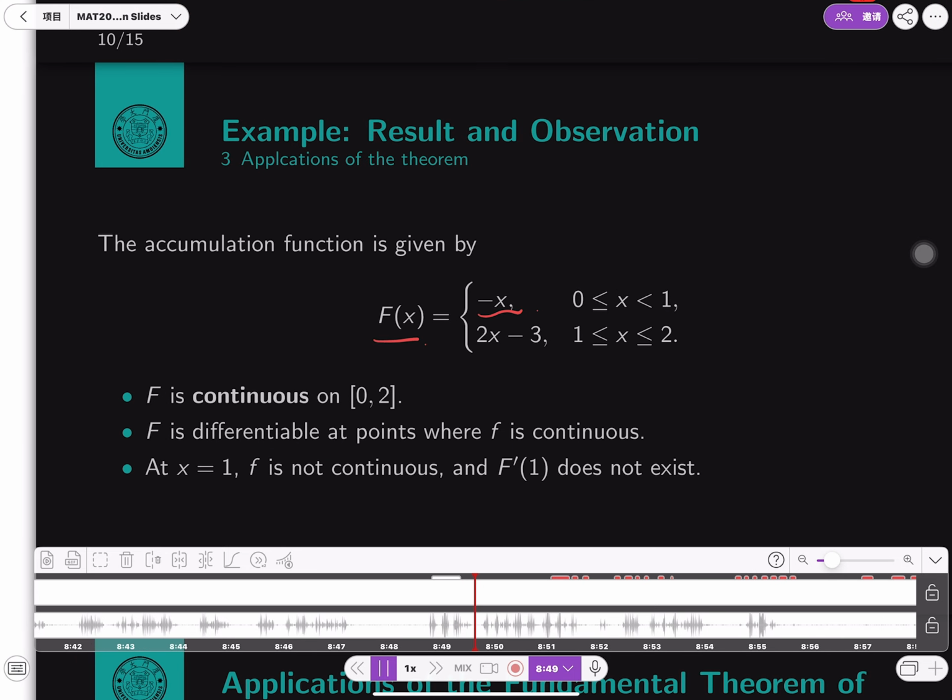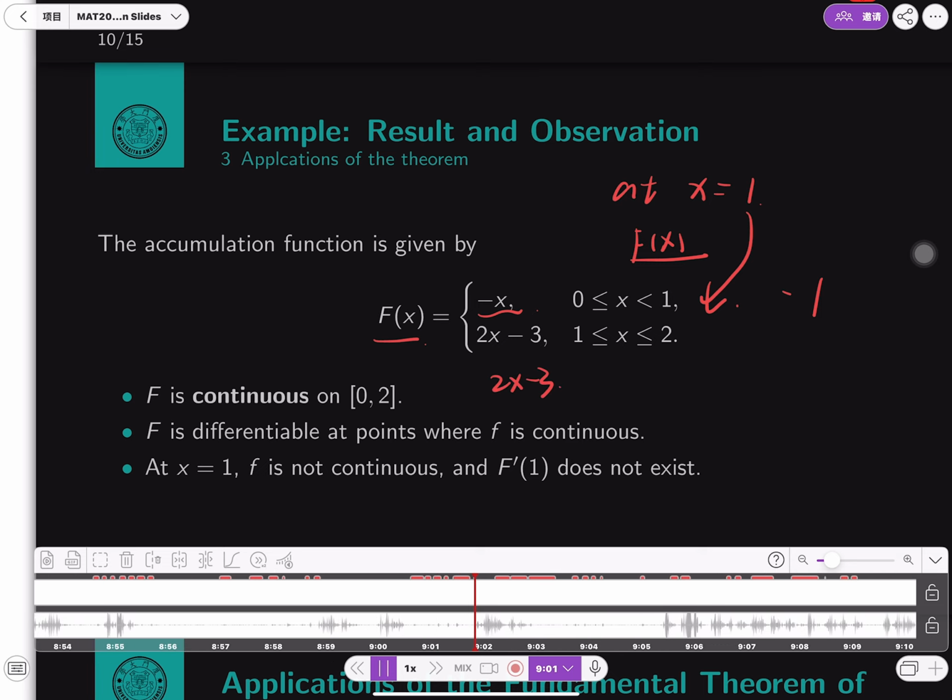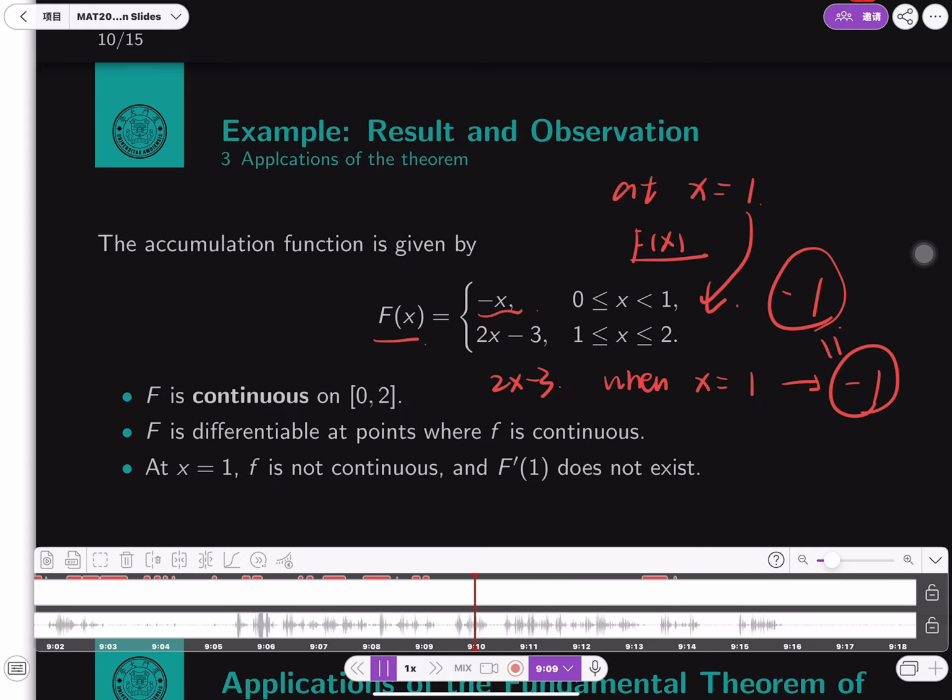We can observe that at x equals 1, F is minus 1 from the left, and it is minus 1 from the right too, so they are equal. We can infer that F is continuous on 0 to 2, including 1.